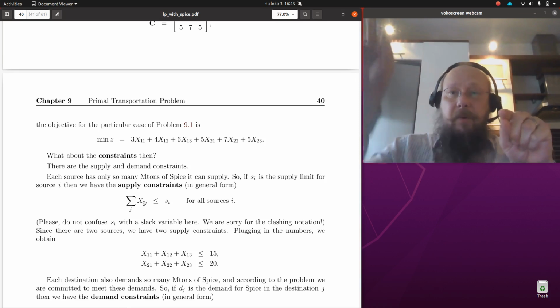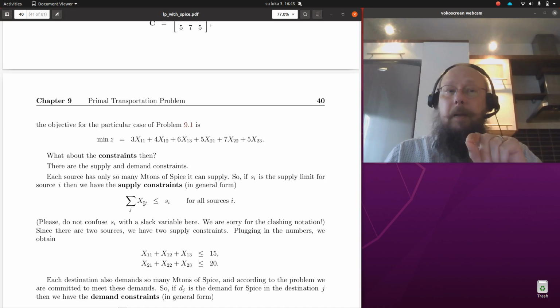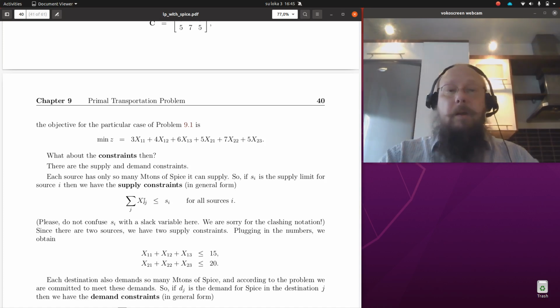from all the j's, this tells us how much stuff is leaving from the source i. In this formula this side does not depend on j because j is summed over, so this is just some number depending on i. This number, the sum over the xij's, is the amount of spice that flows from the source i, and this must be less than or equal to the amount there is, obviously.